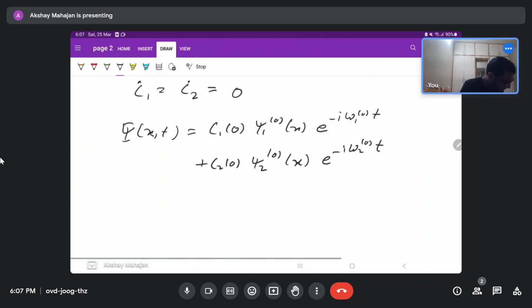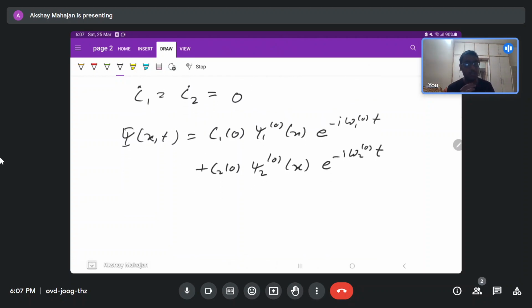Alright, so what this shows is what will happen if there is no perturbation.